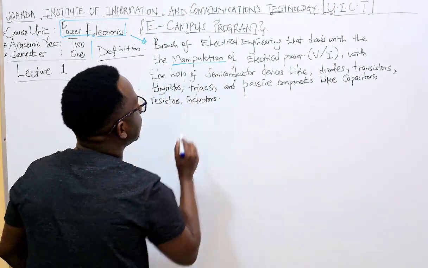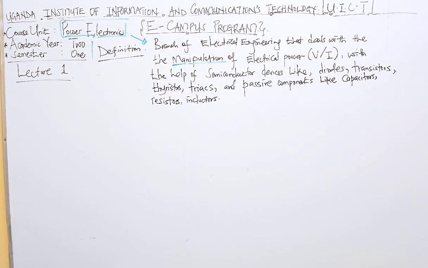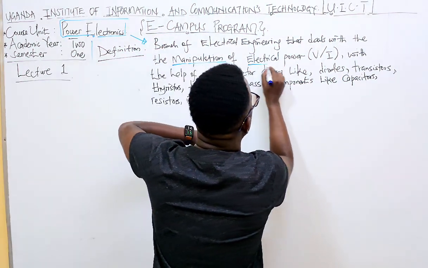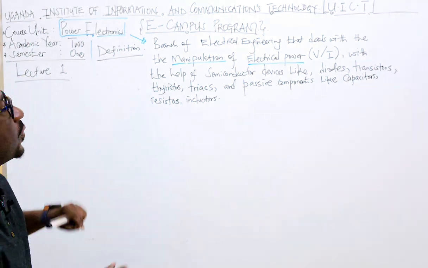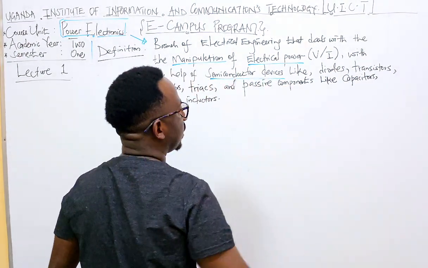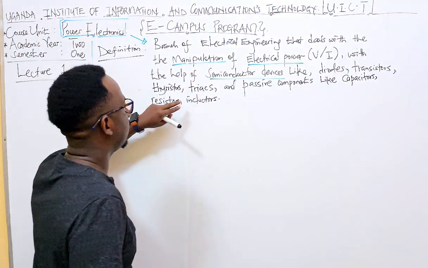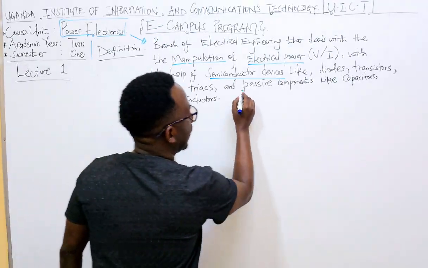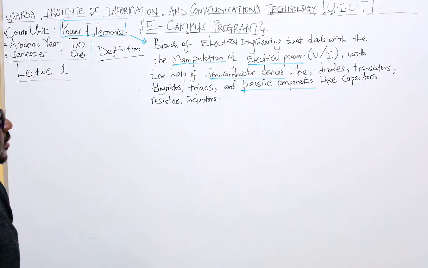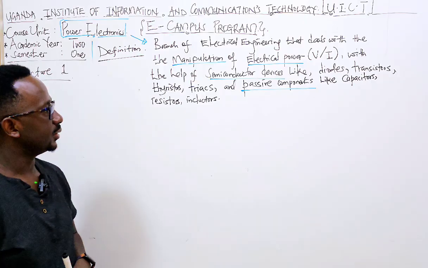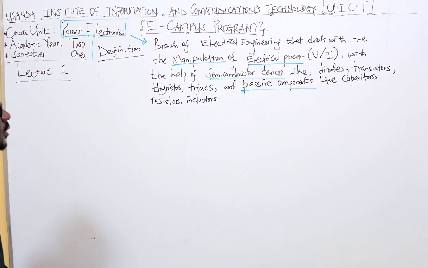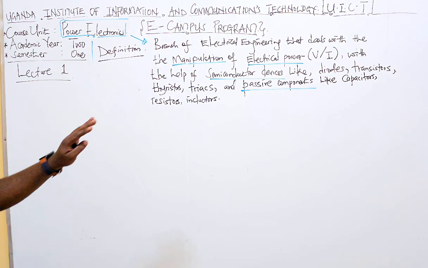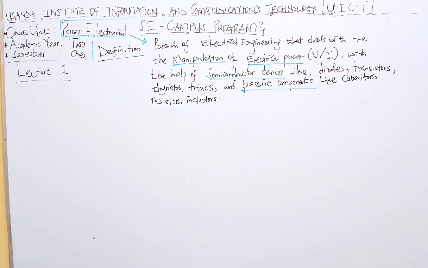Manipulation simply means changing, making changes, manipulation of electrical power with the help of semiconductor devices like diodes, thyristors, and passive components like capacitors. We know what those are, because we're going to have a special lecture only discussing the details of each and every component, passive or otherwise.